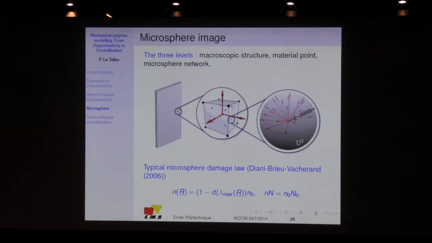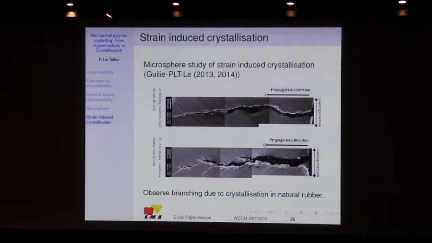So we have decided to follow recently the same path for crystallization with Joachim Guillet, who now works at Michelin, and Tien Hanley, one of my young colleagues at the lab. So crystallization, what it is: natural rubber, when subjected to large elongation, tends to crystallize, to form crystallites. They are no longer amorphous.